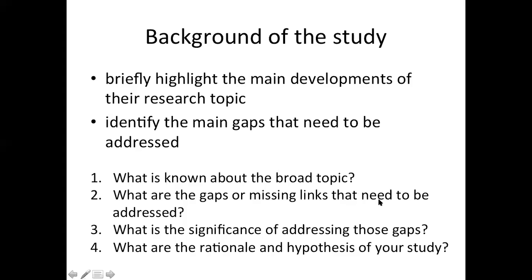What is known about the broad topic? So once again, when you are talking about, for example, vocabulary and reading, as some of the topics say, the relationship between vocabulary and reading ability, then you have to find out what people say about the relation between the two, what has been done about that.